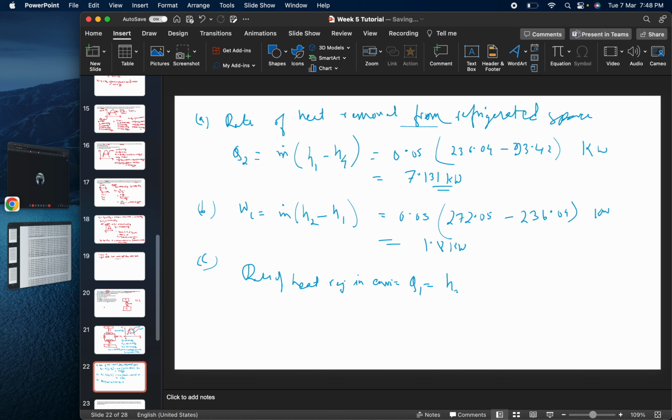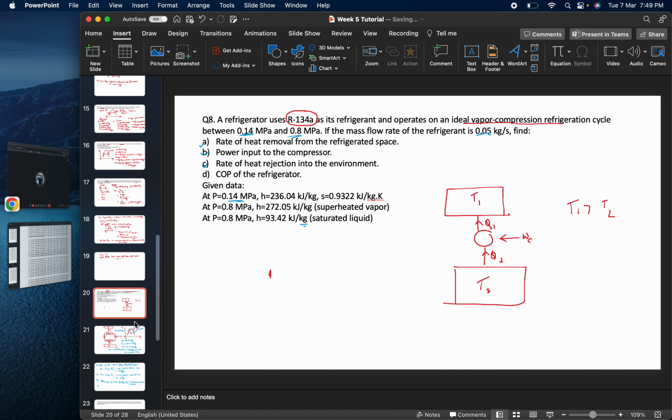So 0.05 times 272.05 minus 93.42, which gives 8.93 kilowatt.